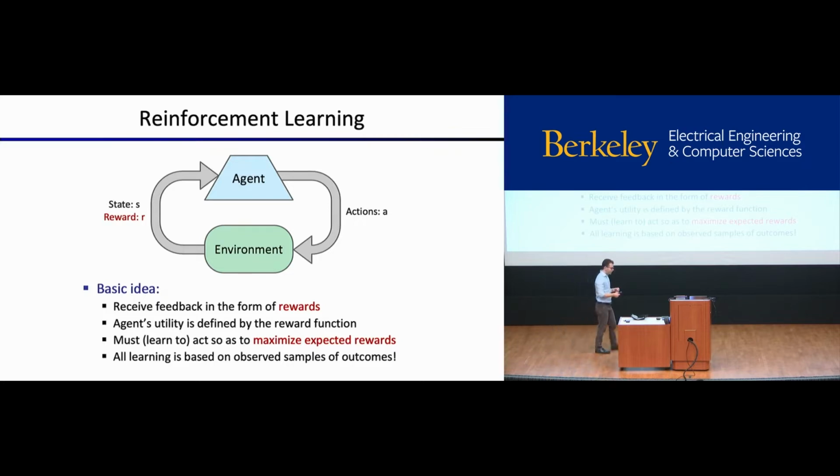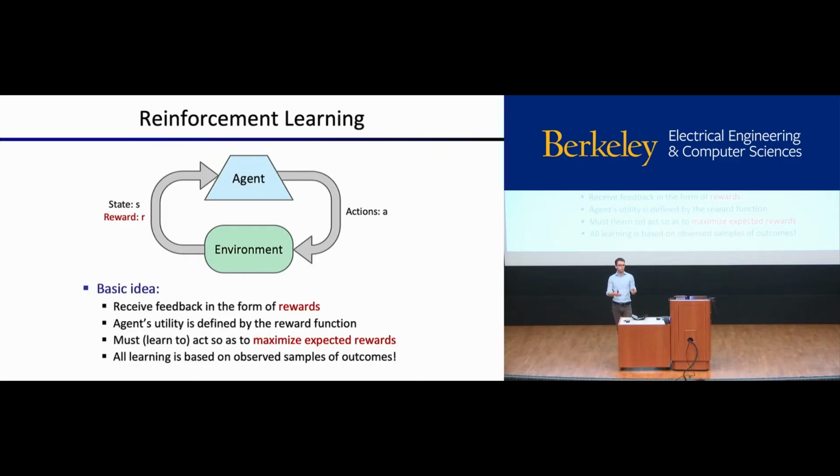So we have to trade off between immediate rewards and long-term rewards. And so now we've got this agent, they're getting feedback in the form of rewards. The utility is defined by this reward function, and then we have to learn to maximize those expected rewards. But the big difference between this and Markov decision processes is that now we just have experiences in the world, right?